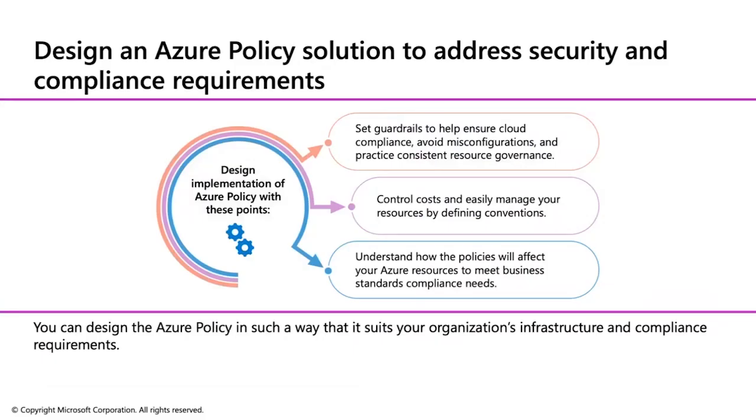In this way, we can plan. Suppose I have deployed a VM in Southeast Asia, and then I created a policy that no resource should be deployed out of West US. That VM in Southeast Asia will give me an error. It will give you a recommendation that this should be deployed in West US based on the policy.